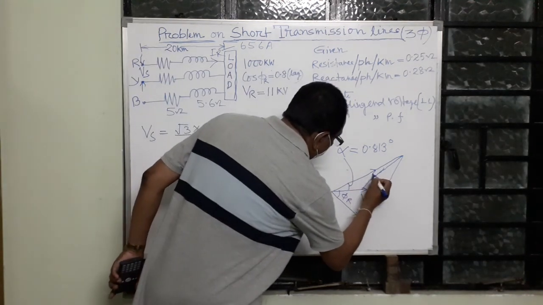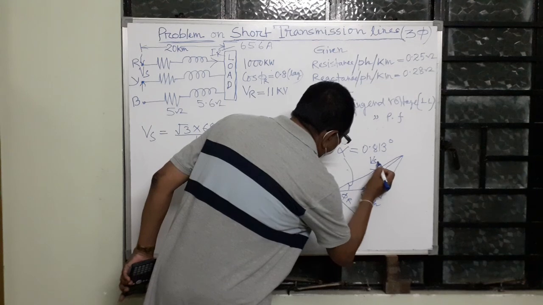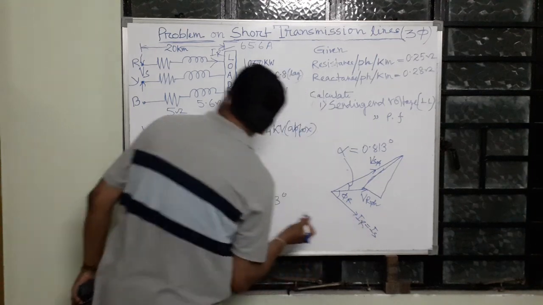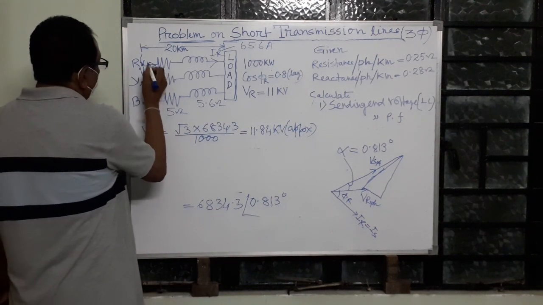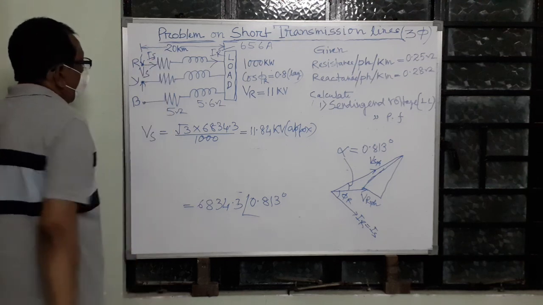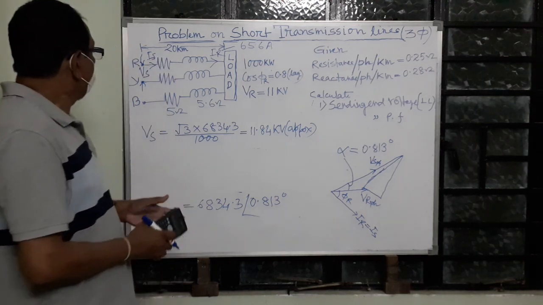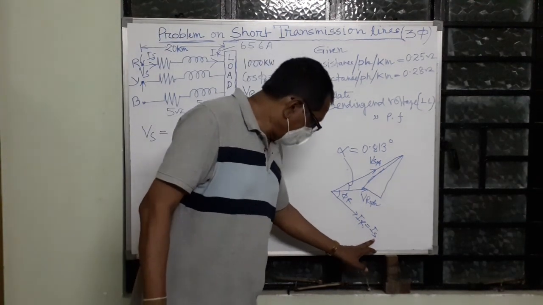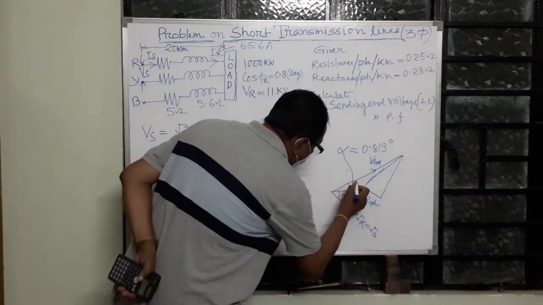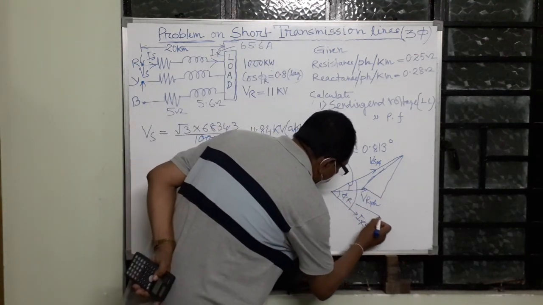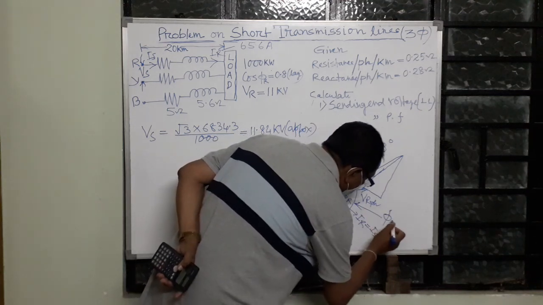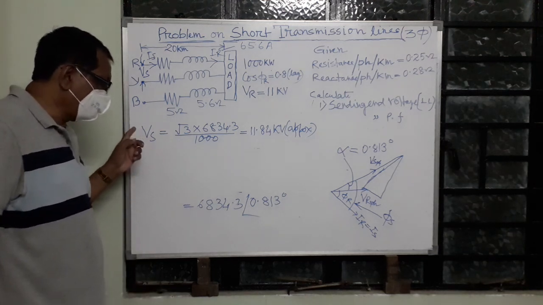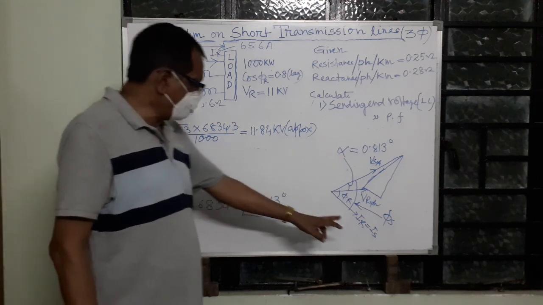This is the Vs per phase, this is the IR or IR equal to IS, right? IS. So the angle between the sending end per phase voltage with respect to the sending end current, this angle is phi S. Phi S means the angle between the sending end voltage per phase and the per phase current.